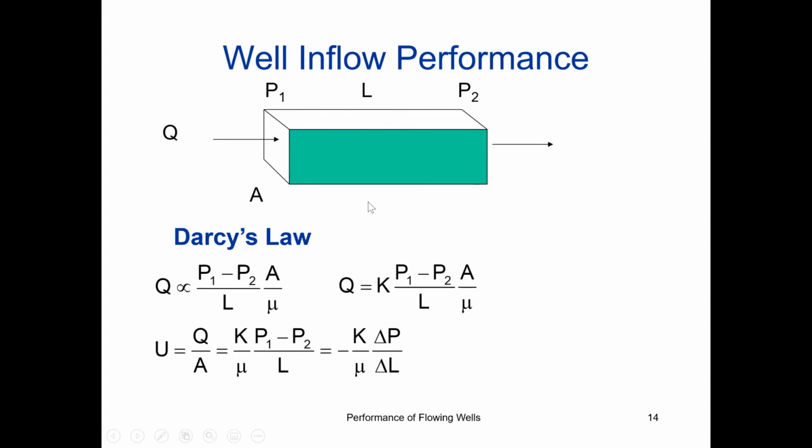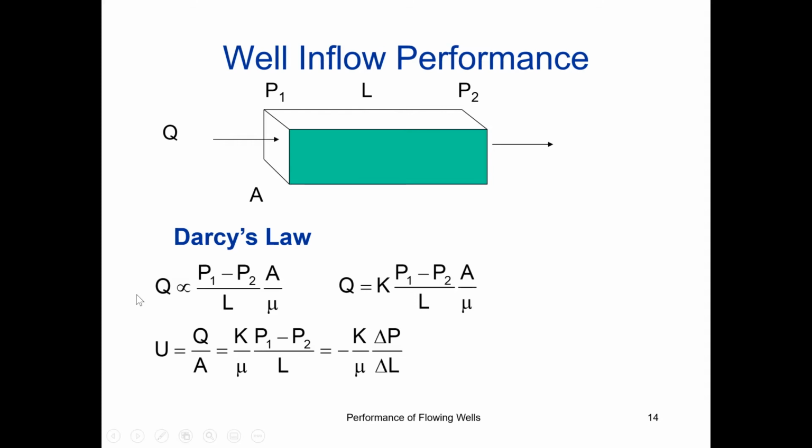The amount of flow is a function of the surface area: the higher the surface area, the higher the flow. But it is an inverse function of the length: the longer the length, the less flow. And an inverse function of viscosity. If you have high viscosity, you have less flow.